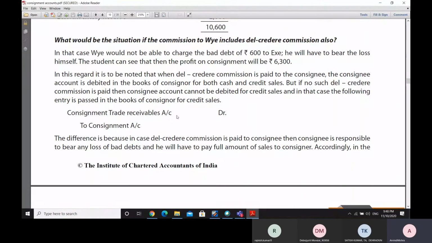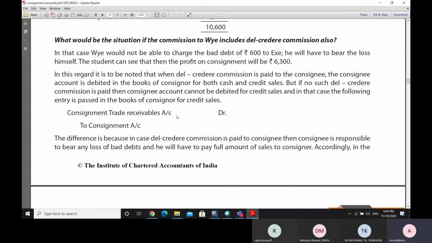In case of cash sale, of course, the cash has already been received, so the consignee will be debited for the entire amount of cash sale. But in case of the credit sale, if we are not paying the del credere commission to the consignee, then we will not debit the consignee. We will rather debit the consignment trade receivable account.